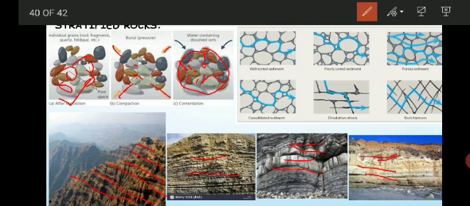So here in the next image you can see they are well sorted sediments, okay. All the grains are rounded and they are almost the same size, so the porosity is more. In the second image you can see there are bigger particles and also smaller particles, right?